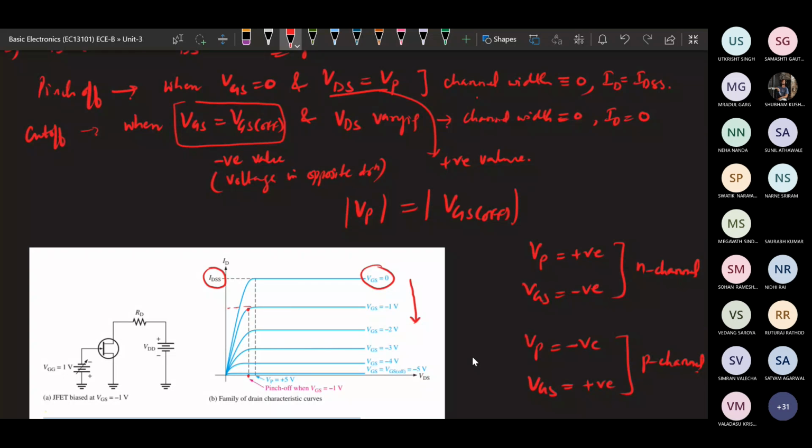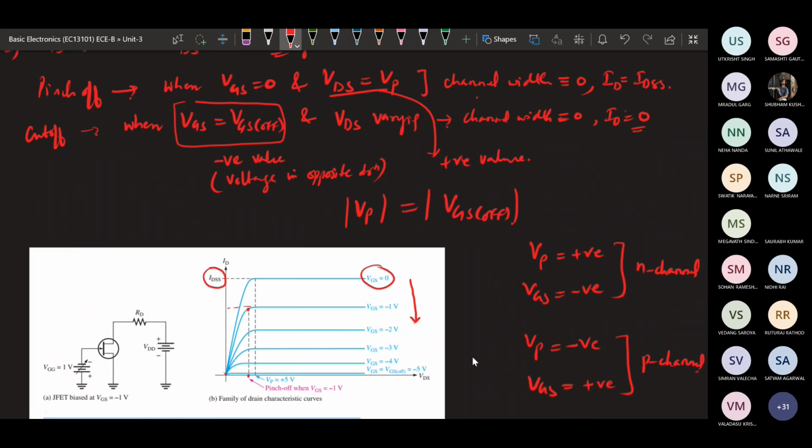In this case, the channel width has reduced as the depletion region increases because of the VDS application. As we apply higher VDS, the channel width reduces, and ID is equal to IDSS. But in case of VGS(off), we apply the reverse bias gate to source voltage. In that case, the channel has reduced and ID becomes 0, almost 0.